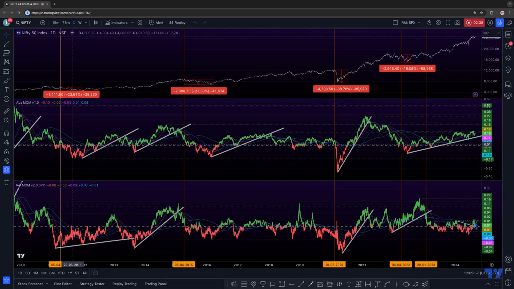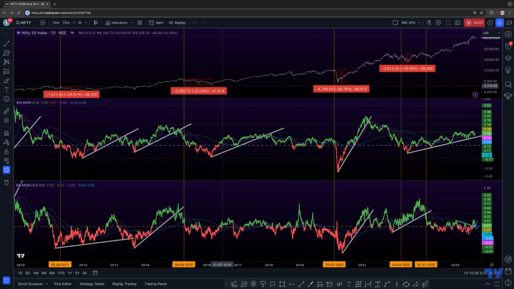I would also like to tell you that the quantum of correction is not great, in the sense that the time duration of the correction and also the percentage drop in the market is not so great for bears. So I'm not sure how much you can earn by being a bear in this kind of market.